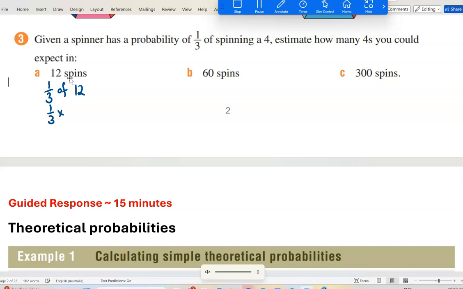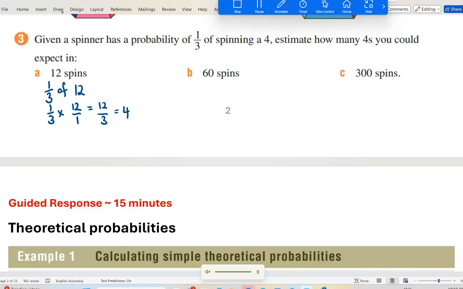So I want to know a third of 12 spins could be a 4. If you do fractions, we could change that to 12 over 1. When we multiply fractions, we go across the top. So 1 times 12 is 12, and 3 times 1 is 3. So that simplifies down to 4.